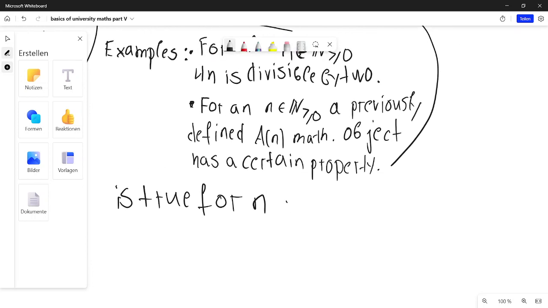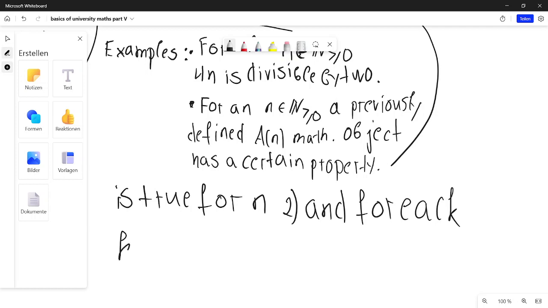Now second condition, and for each k that has to be true simultaneously.